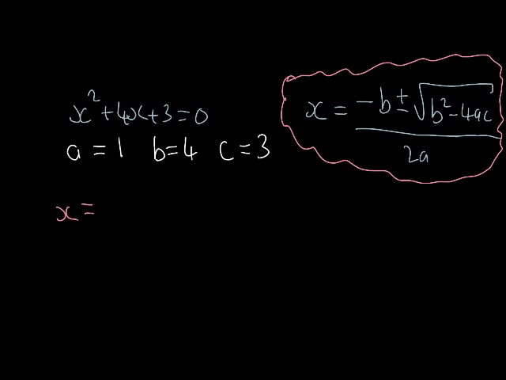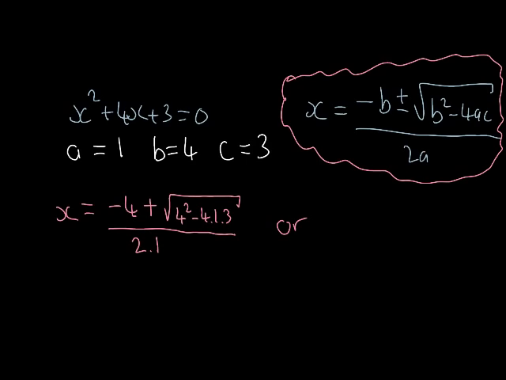I'm going to get x is minus 4, and I'll do the positive root first, so plus the square root of 4 squared, minus 4 times 1 times 3, all over 2 times 1.